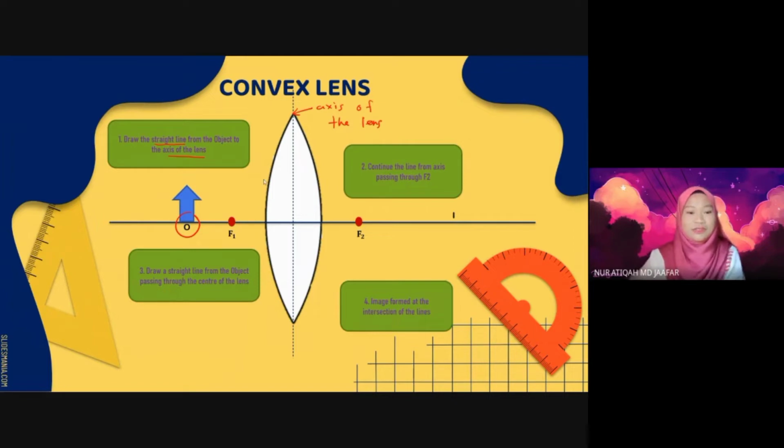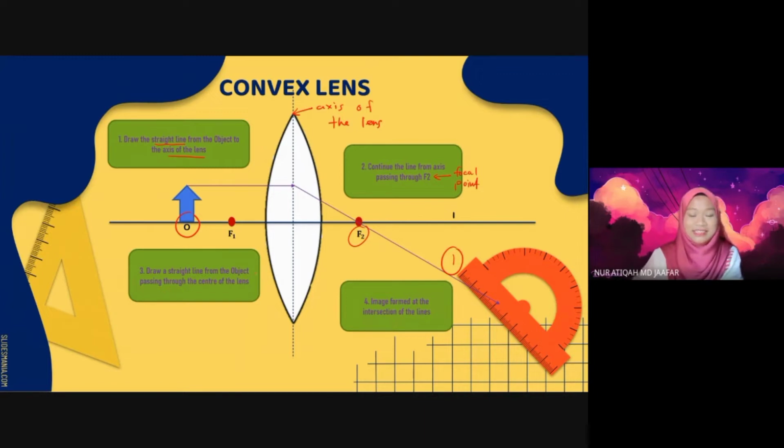So you need to draw a straight line from the object to the axis of the lens and continue the line from the axis passing through the F2. This is F2, which is known as the focal point. So it will be like this. So we already have the first line.